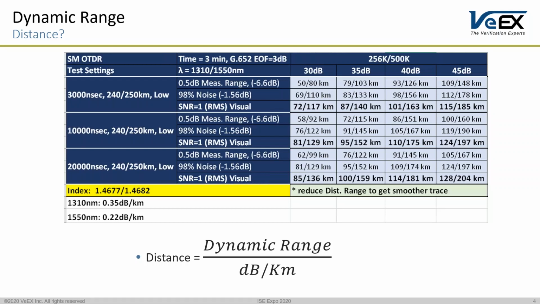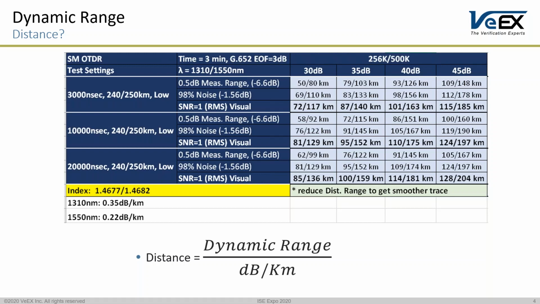So what is the distance range an OTDR can shoot? This question gets asked quite a bit, so I'll go over this part. The OTDR is really spec'd and measured in terms of dynamic range, and these are expressed in dB. The dynamic range will tell you how much loss the OTDR can handle.